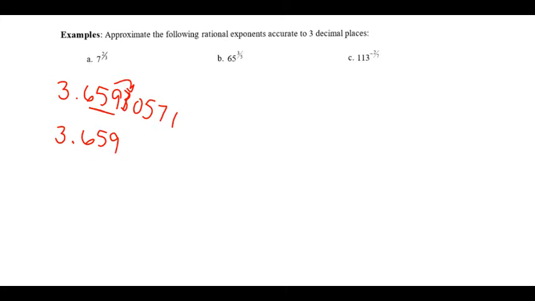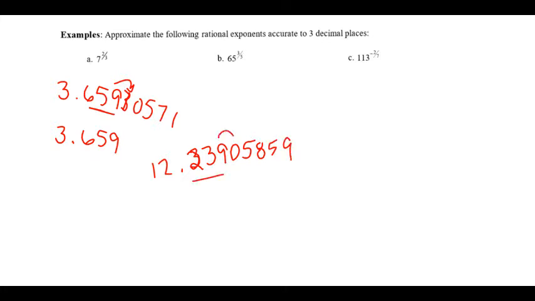Next, I'm going to do 65 to the 3/5 power. So I'll type in 65, do the caret, which again is found right under the clear. And then in parentheses, put 3 divided by 5, because that'll give me that fraction. And when I do that, I get 12.3, and we'll round it to 3 places.